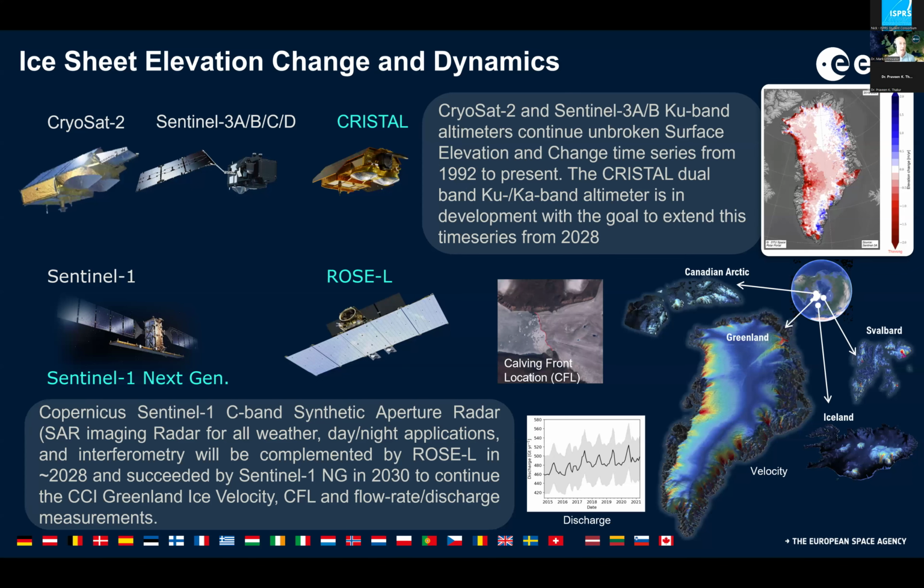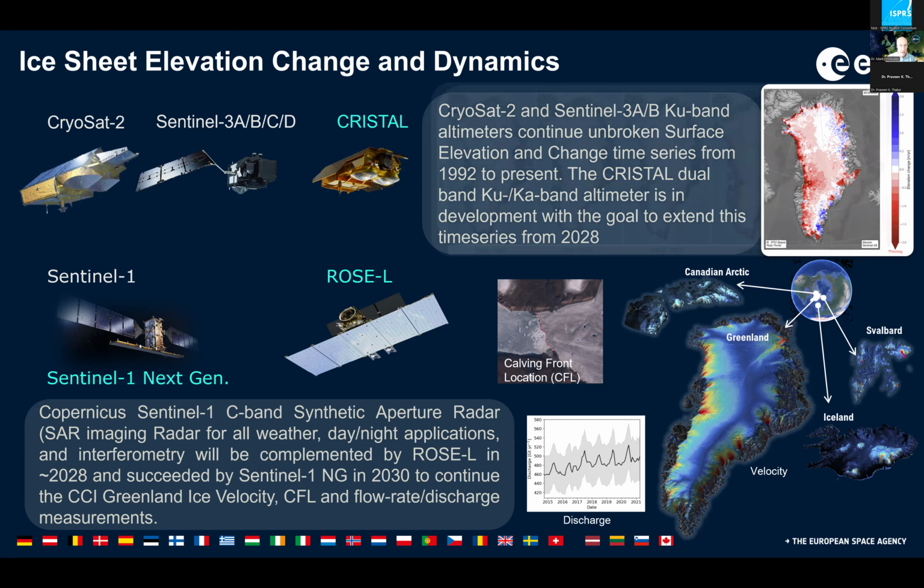Here we're combining the records from Cryosat altimetry, Sentinel-3 altimetry, and Crystal in the future to derive an unbroken surface elevation and surface elevation change time series over Greenland and Antarctica. This shows the Greenland example from 1992 until the present day. The Crystal dual frequency altimeter will enable us to extend this time series from 2028 onwards.